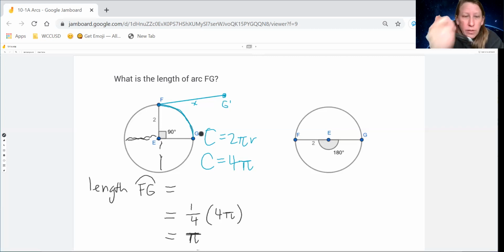3.14159. So the length of the arc is basically we want 90 out of the 360, and in this problem, that's exactly 1/4.